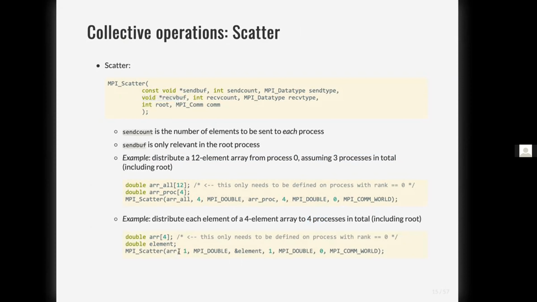So that's why you would specify it like this with an ampersand in front of this element variable, because you want to specify the pointer to it. Everything else is the same. I'm going to send 1 element to each MPI double, and I'm going to receive 1 element in each MPI double.